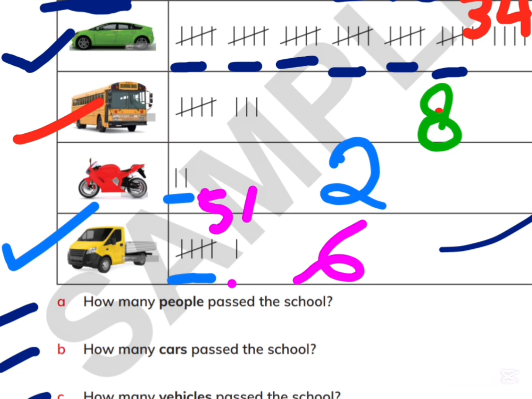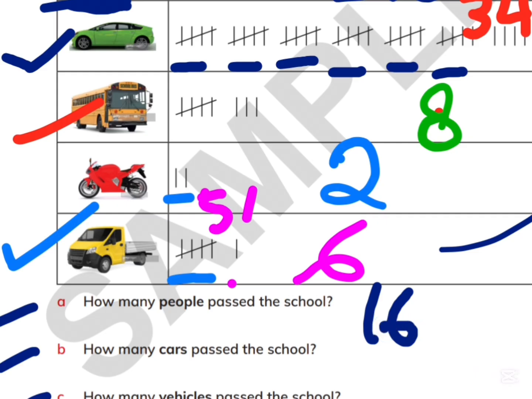How many people pass the school? 16 people are going by walk to the school. We will use the same color. 16 people. How many people use the cars?